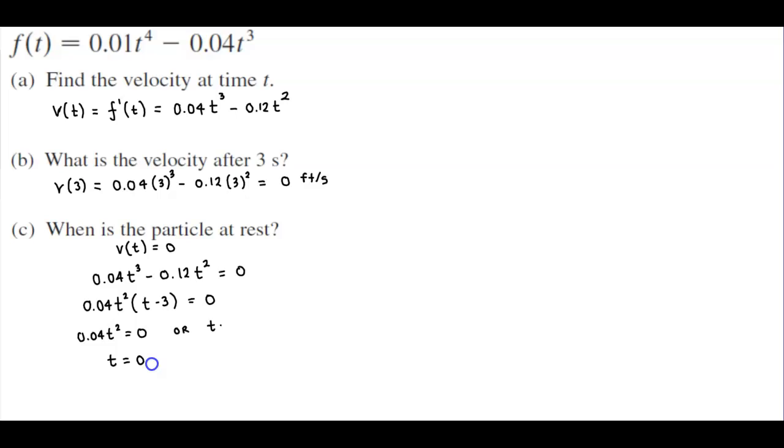Or we have t minus 3 equal to 0, so t is equal to 3. Therefore the particle is at rest when t is equal to 0 seconds or 3 seconds.